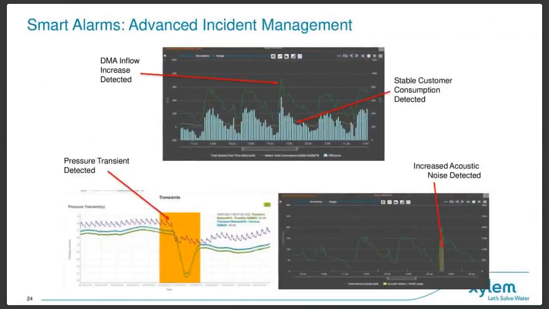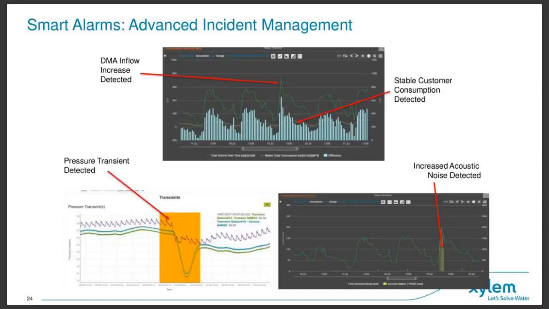So a key thing here in leveraging these different data sources that are available or become available to a utility is how you would combine them together to make the best use of them to reduce false positives and understand whether something is a real event or not.